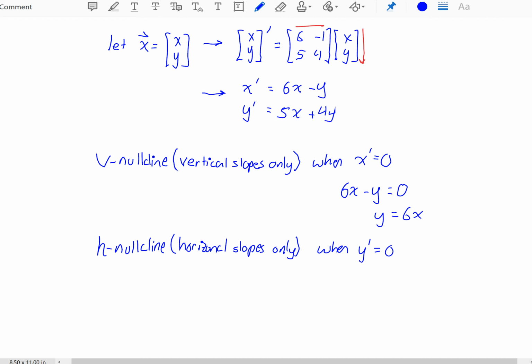So let's grab your y prime equation, 5x plus 4y equals 0, and solve for y. So we'll move the 5x to the right hand side, I'll make it negative, divide by 4, and I think we'll get negative 5/4 x.